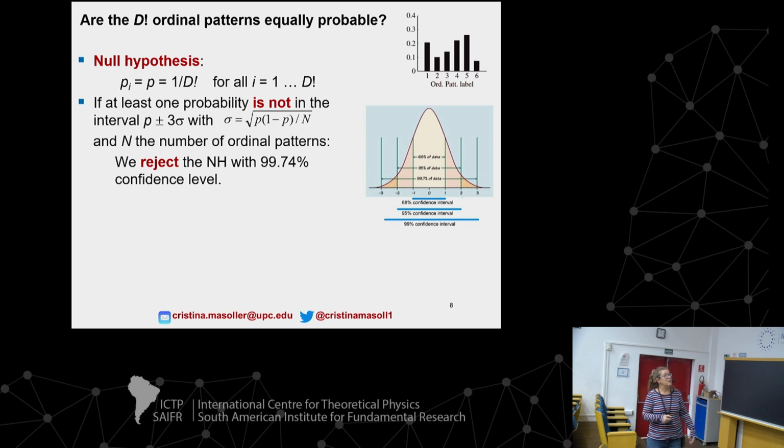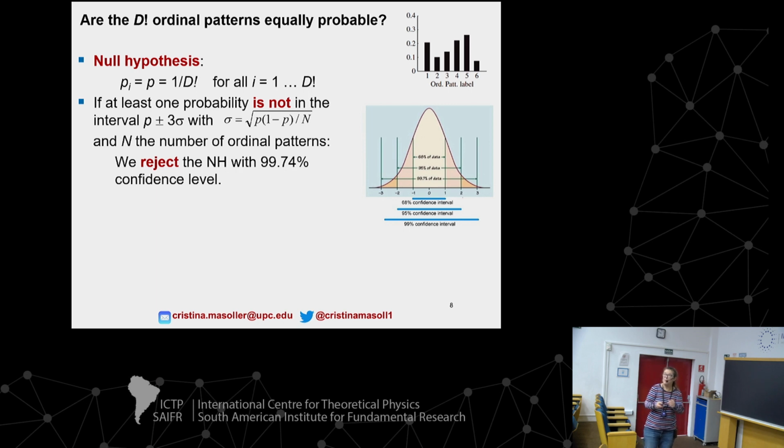If all the probabilities are within some interval of values, they won't be exactly this value because that is in the thermodynamic limit of infinite data. If I have a limited number of ordinal patterns, n, then I can define a confidence interval.